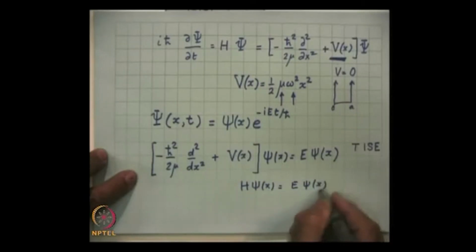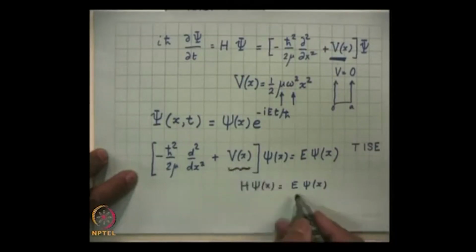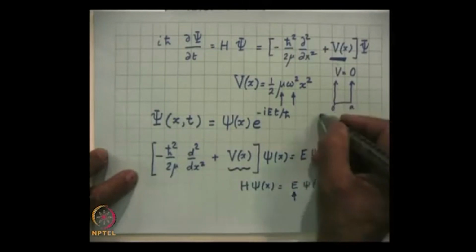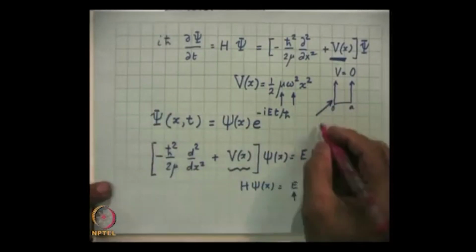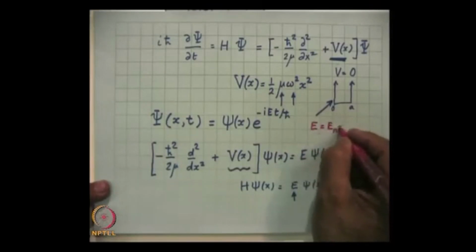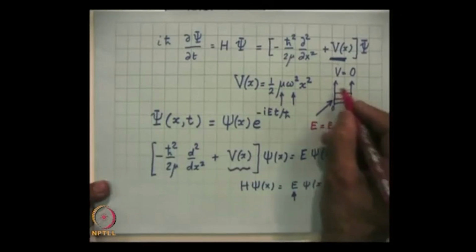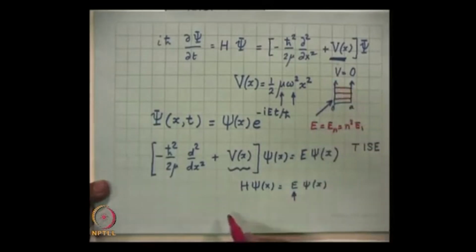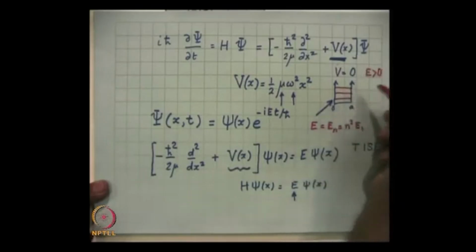E is a number and H is the operator, and for a given potential we have certain discrete values of E. For the particle in a box problem, we had seen that the energy eigenvalues were something like this: E n is equal to n square of E 1. We got discrete energies in a box. For the free particle problem, all values of E greater than 0 were allowed.